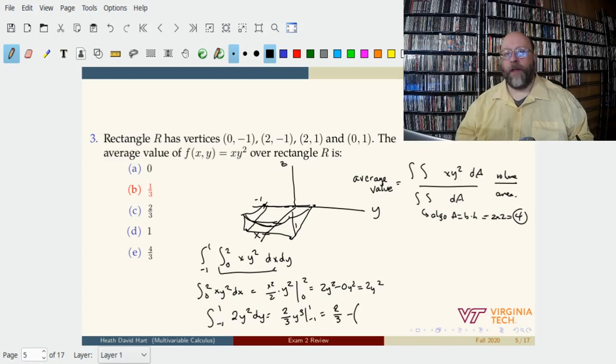And when we plug in -1, we get 2/3 times -1. And 2/3 minus a -2/3 is 4/3. That's the volume. So the volume over the area is 4/3 divided by 4, and that's just 1/3. And that's choice B.